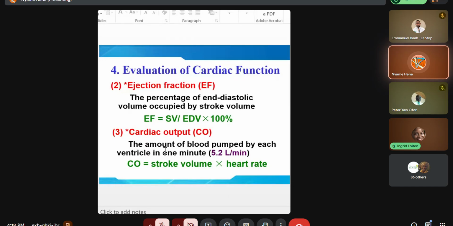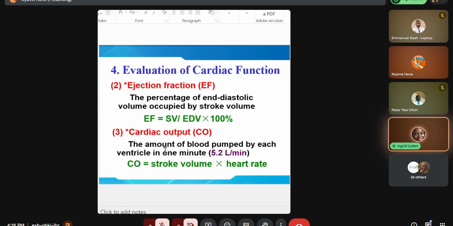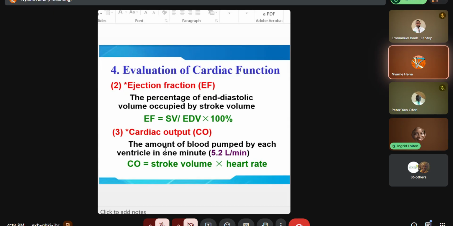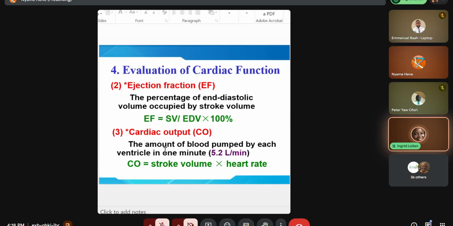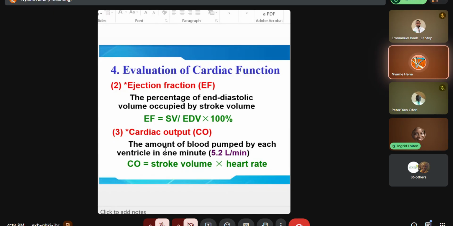Yes, Madam Ingrid. Yes, the stroke volume and the heart rate. Yes, we can see that on the slide, but what will make cardiac output be low or high? What will happen?